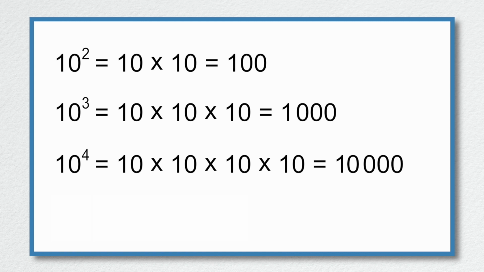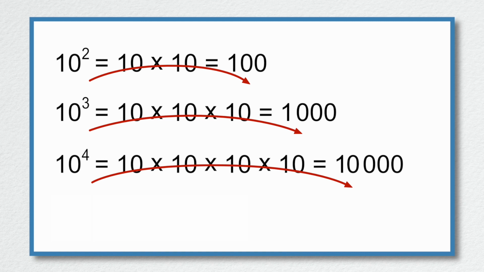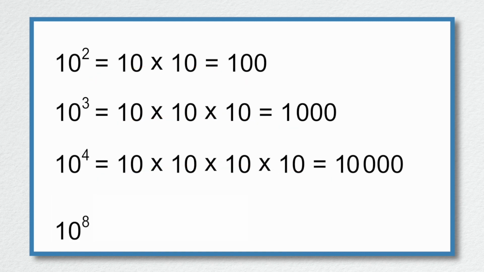Notice that the index is the same as the number of noughts on the end. So for 10 to the power of 2, we had 2 noughts. 10 to the power of 3, we had 3 noughts. 10 to the power of 4, we had 4 noughts. So if I had 10 to the power of 8, this is going to be 1 with 8 noughts on the end, which is equal to 100 million.